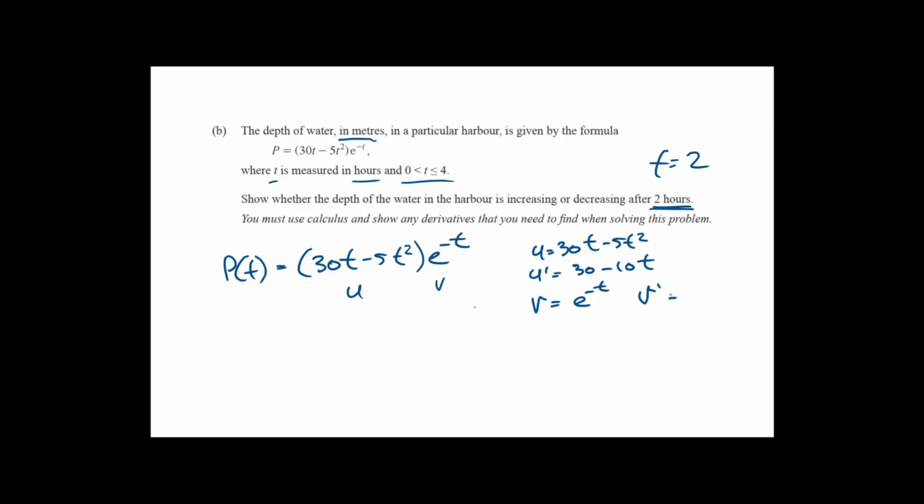v prime, therefore, is going to be negative e to the negative t. And that's all we need to know.